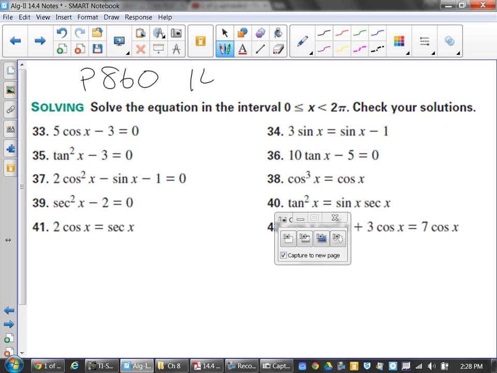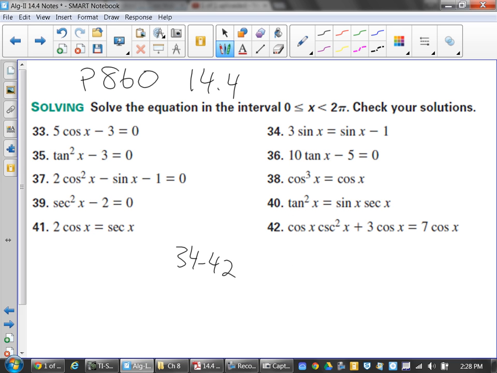I put these up online. It's section 14.4. I put another tab on the webpage, so that these are already there. What I want you to do will be 34 to 42. But skip 36 and 37. So no 36 or 37.